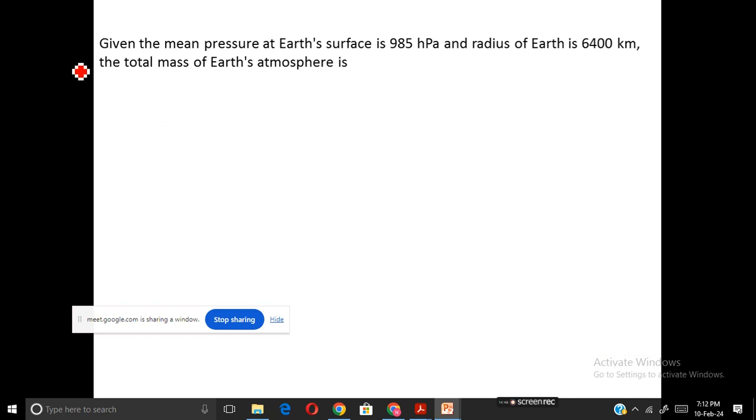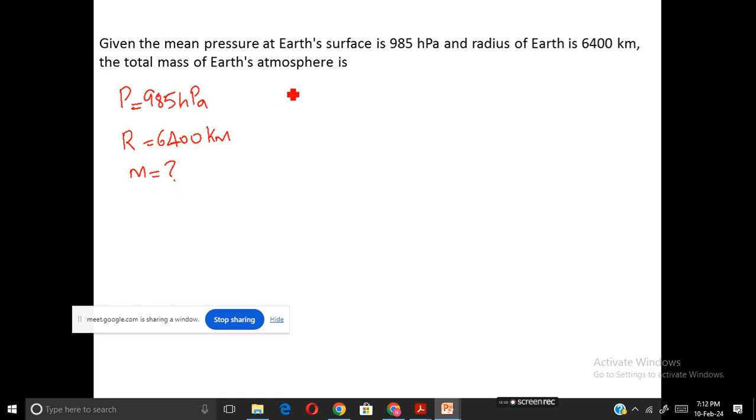The things that are given: surface pressure is given as 985 hectopascal. Then the radius of the Earth is given, 6,400 kilometer. We have to calculate the mass of the atmosphere.